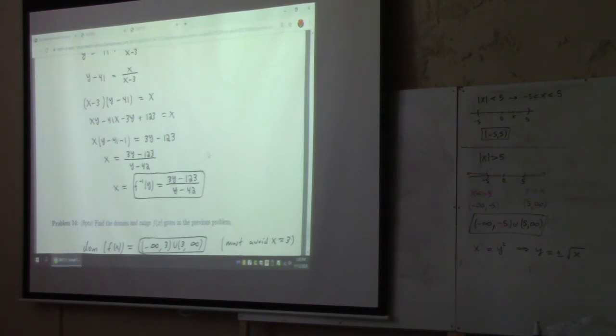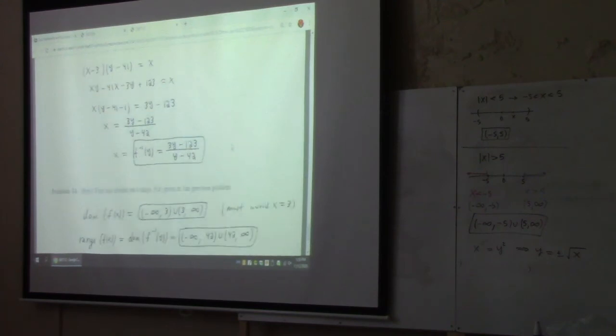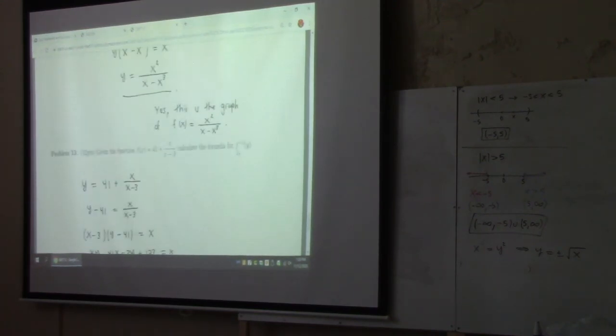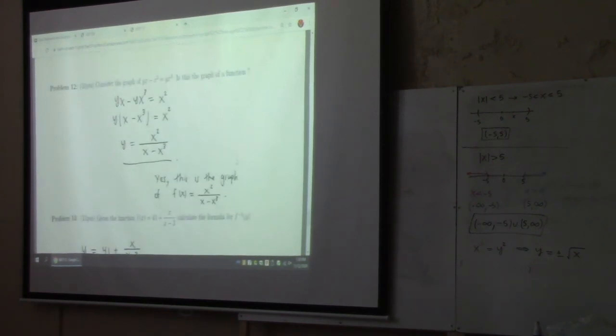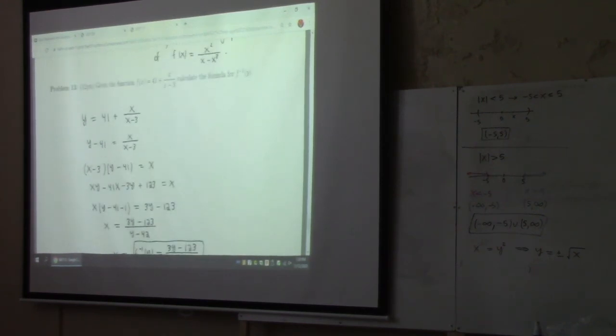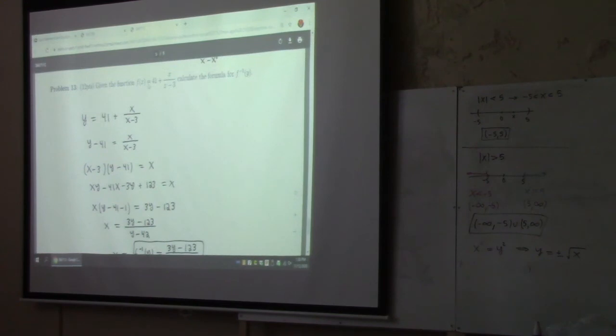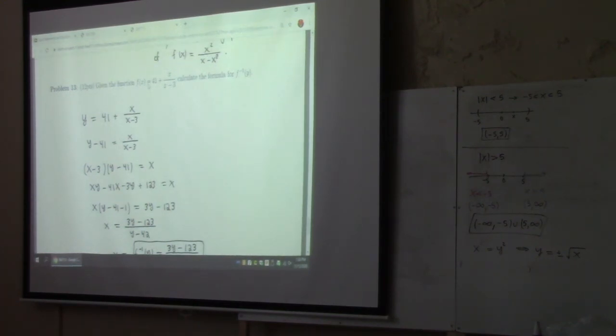But there it is. And then I say, well, find the domain and range of f of x in the given problem. So the trick here is that, okay, so for this problem, where's the formula?